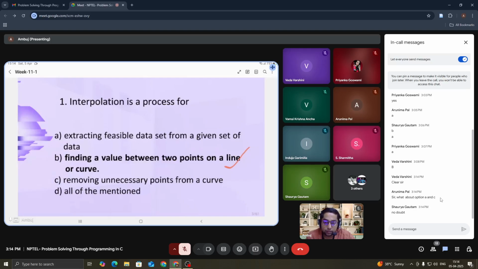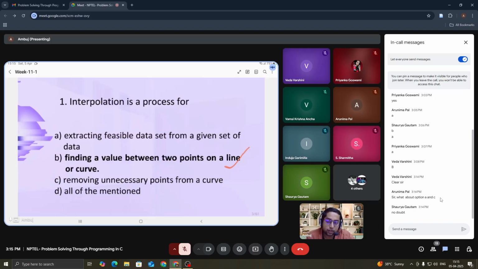Removing unnecessary points from a curve is done in regression analysis, when you try to fit a polynomial function, exponential function, or any other function. The question is specifically asking about interpolation.